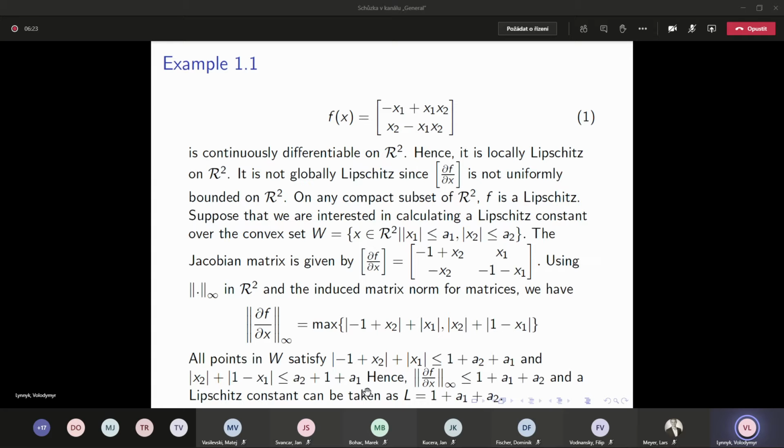Therefore the Lipschitz constant can be taken as L equal to 1 + a1 + a2.